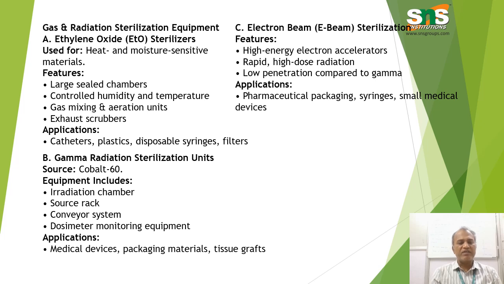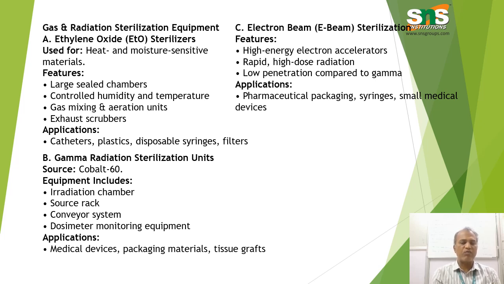Next, the very important gas and radiation sterilization equipment. For gas, the example is ethylene oxide sterilizers. What are the uses of ethylene oxide? It is applied to heat and moisture sensitive materials. The features are a gas mixing and aeration unit, exhaust scrubbers, and controlled humidity and temperature.